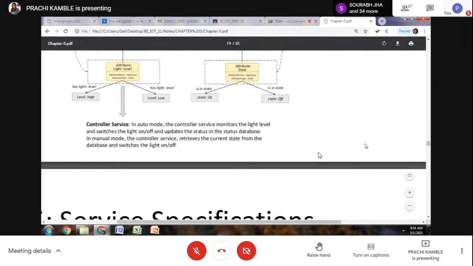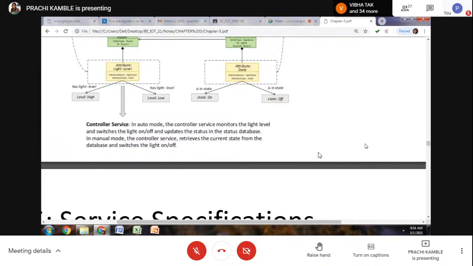Simply you can replace this with your algorithm or process flow of your design, where you will define the role of each and every entity in detail and in the flow.